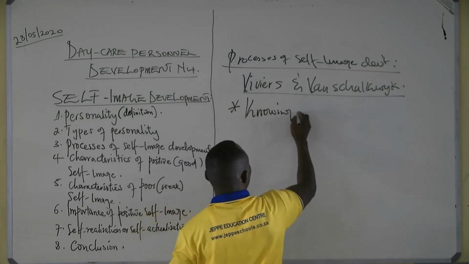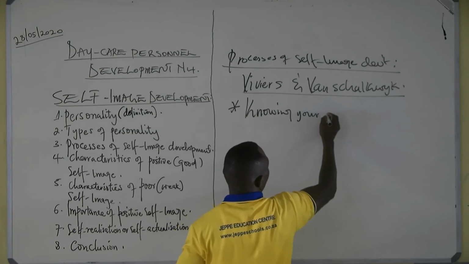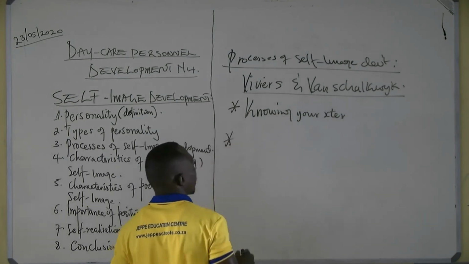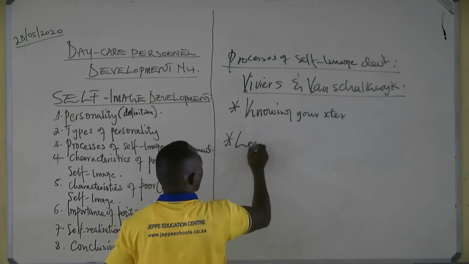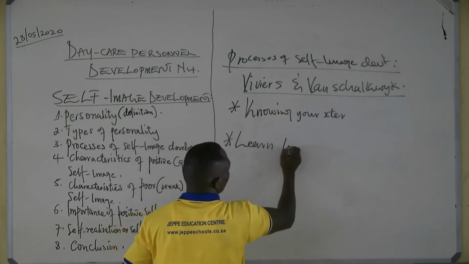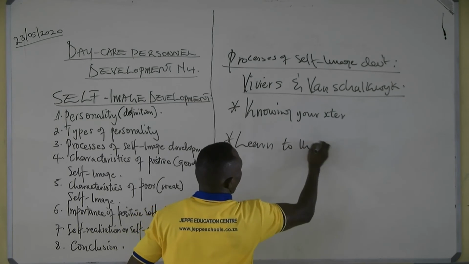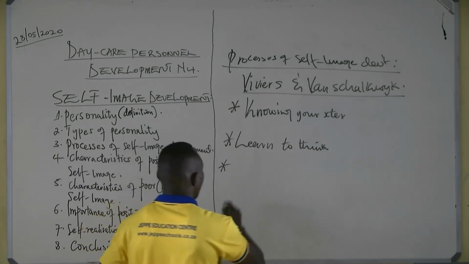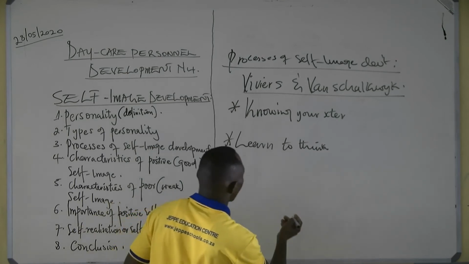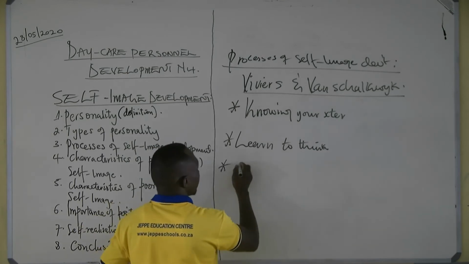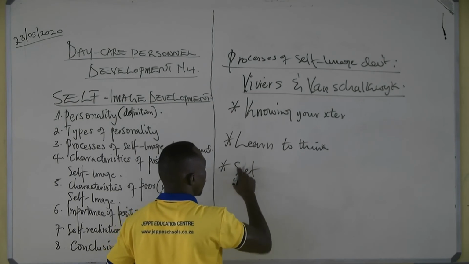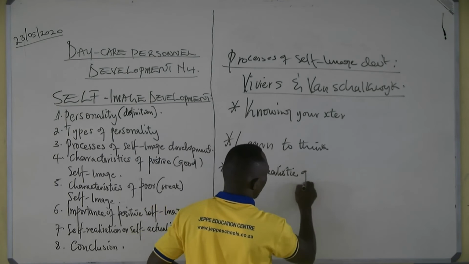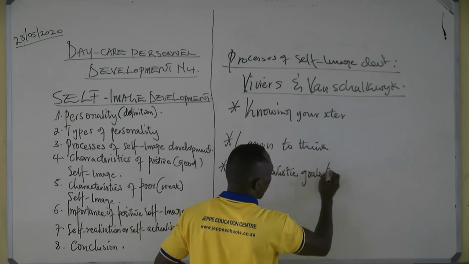Now, these include: one of them is knowing your character. Then the second one is learn to think. The third is set realistic goals or objectives.